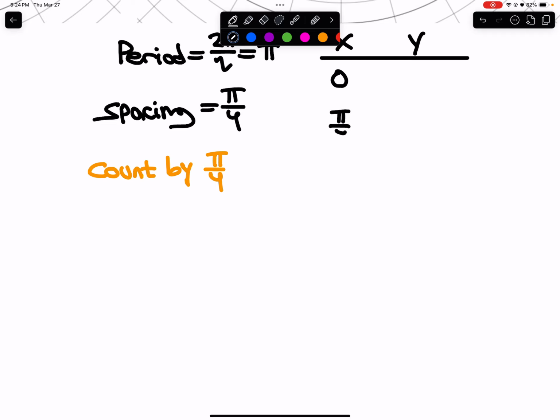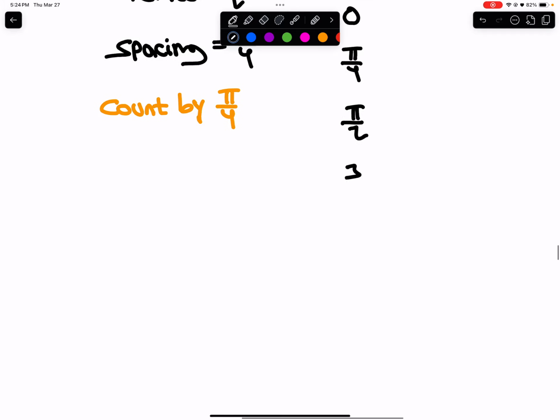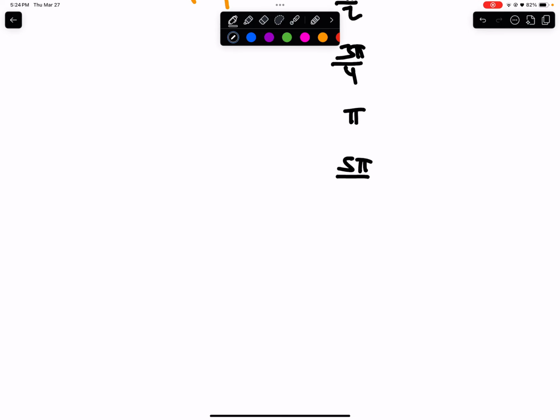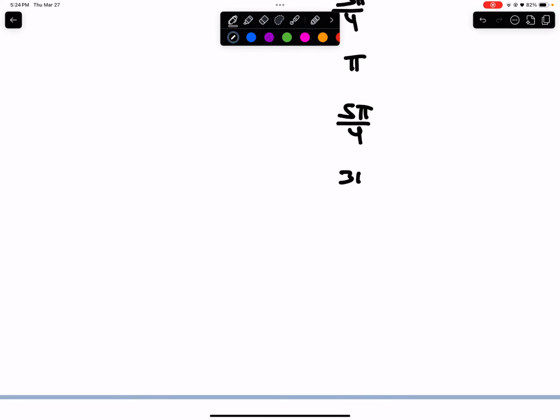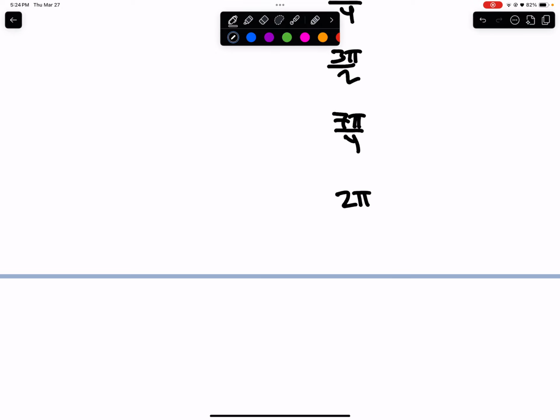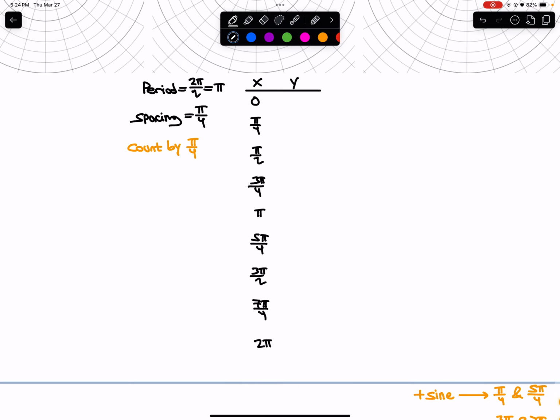So 0, pi over 4, 2 pi over 4 would be pi over 2. And then 3 pi over 4, 4 pi over 4 would be pi. And 5 pi over 4, 6 pi over 4 would be 3 pi over 2. Then we're going to have 7 pi over 4 and 2 pi, which will be 8 pi over 4.